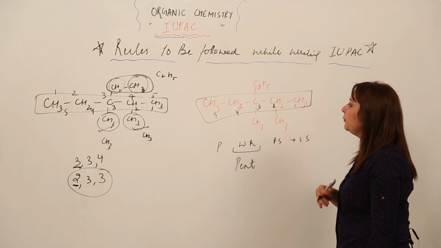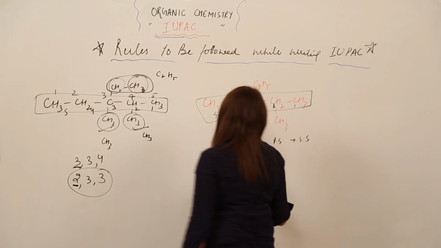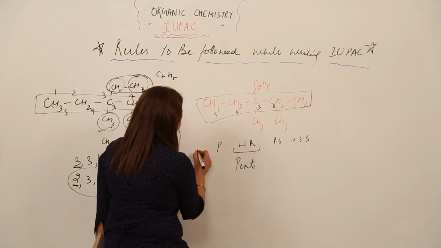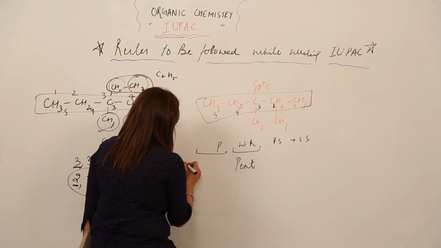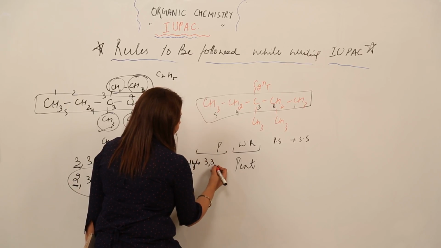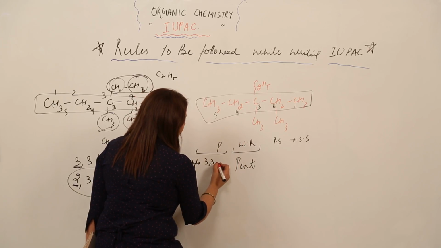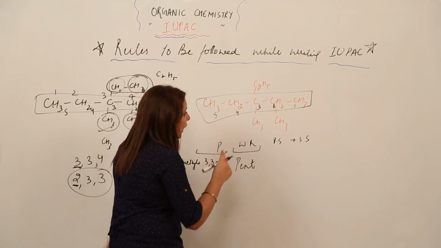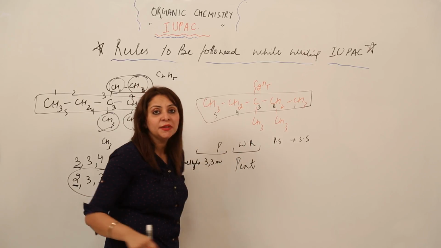So now when we are naming it, we will be indicating the position, that is 2-methyl, 3, 3, methyl. See, at 3 you see ethyl also, you see methyl also, right.